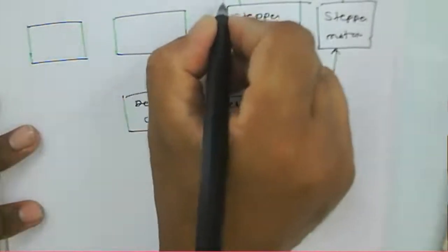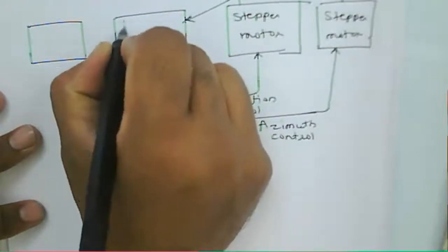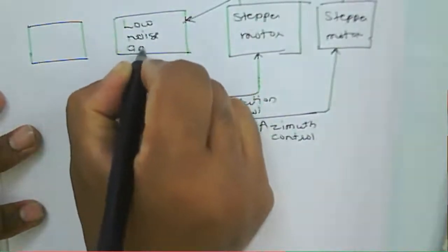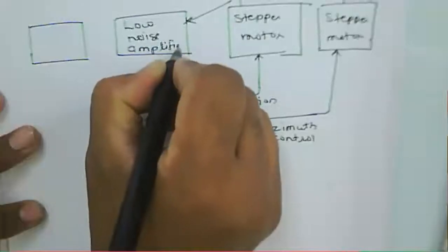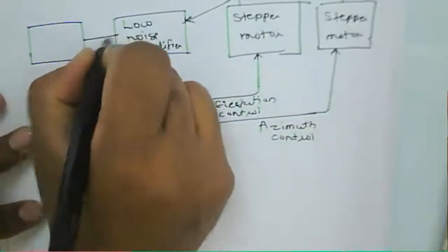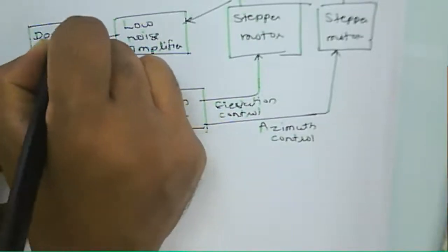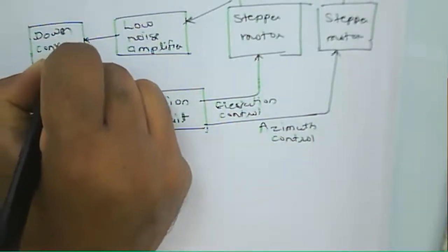So we are receiving the signal from the antenna. We require a low noise amplifier. We receive the signal, then we convert the signal with a down converter.